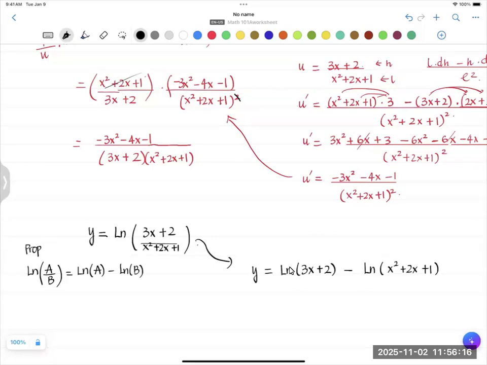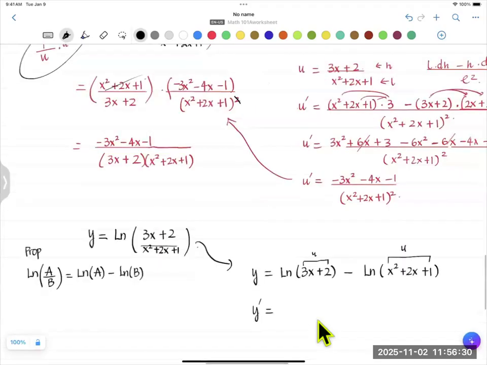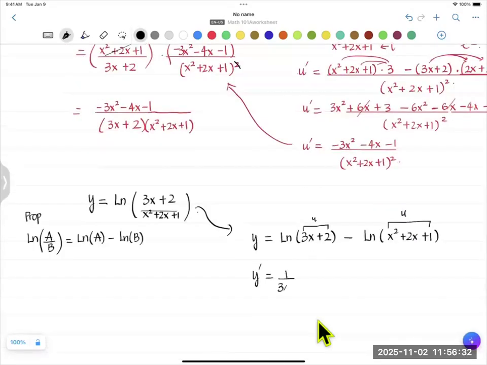And if I want to take the derivative of the first logarithm, my y prime would be the derivative of logarithm, which is 1 over u times u prime, right? So this is my u, this is my u, and this is also my u. So 1 over u, which is 1 over 3x plus 2, times u prime, in this case 3.